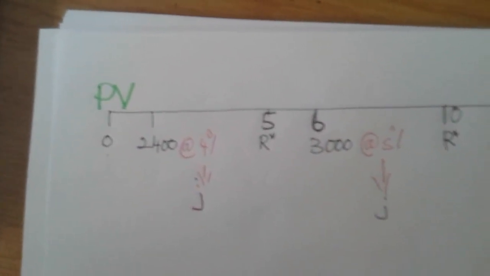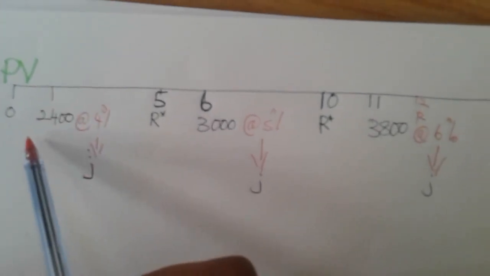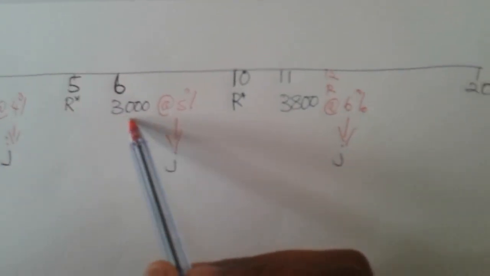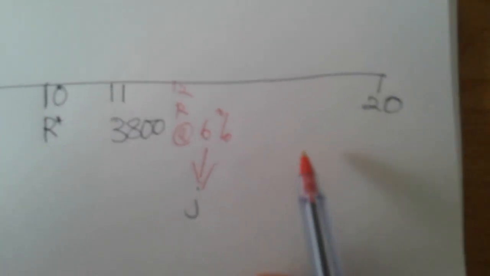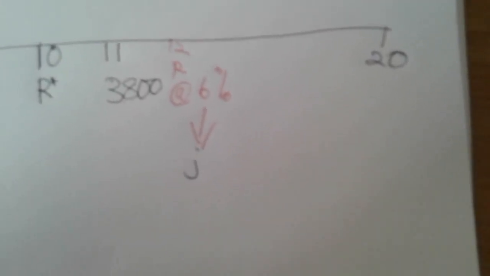But we have a problem now. We've got three different escalating annuities. So according to the notes, let's start with the furthest one, which is the 3,800. Let's go back to the theory that I gave you before. What did we say? An increasing annuity shares the same features with an ordinary annuity.